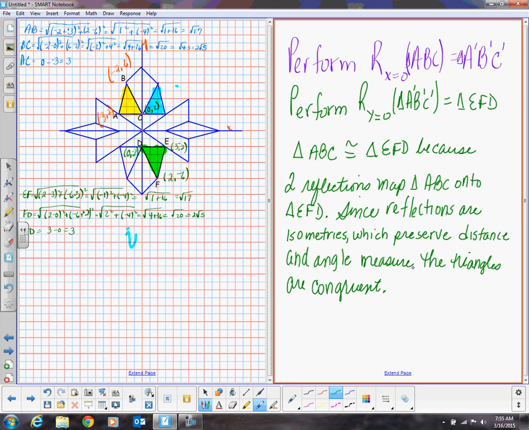Alright, then I can say that angle BAC is congruent to angle FED because corresponding parts of congruent triangles are congruent. So this is the isometry piece, what I'm highlighting in yellow.